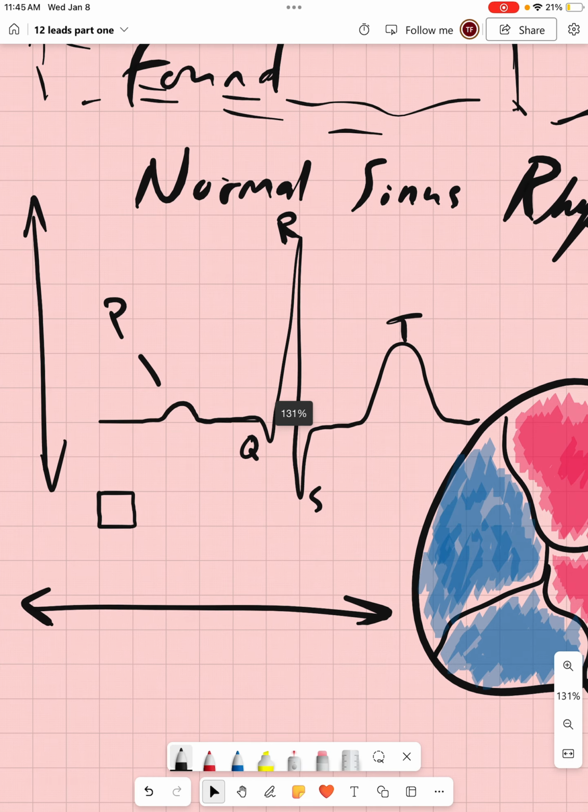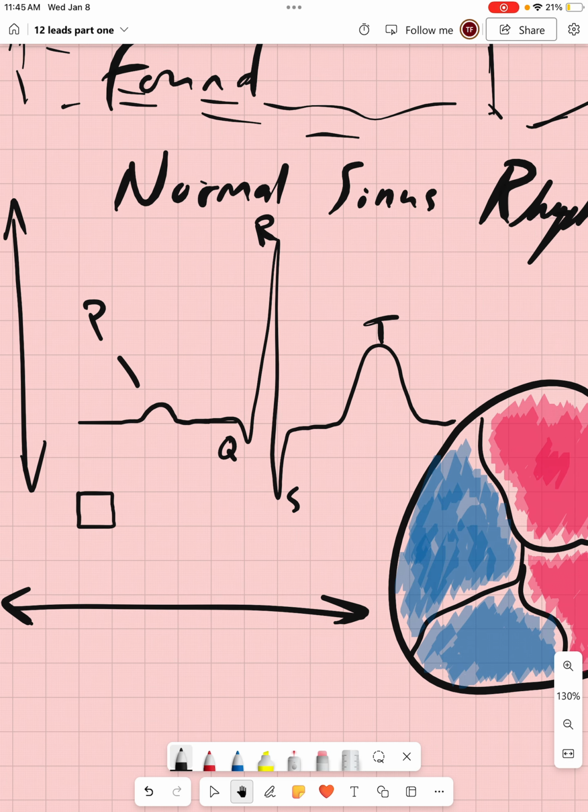So what you're seeing here, I have a P wave, Q, R, S, back to the baseline, which is referred to as our isoelectric line, which is basically the neutral point electrically.